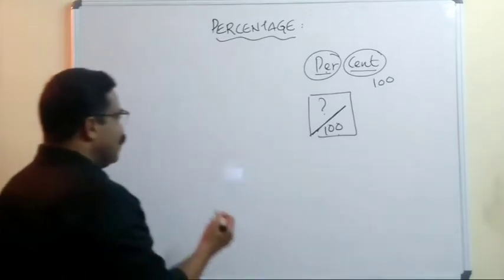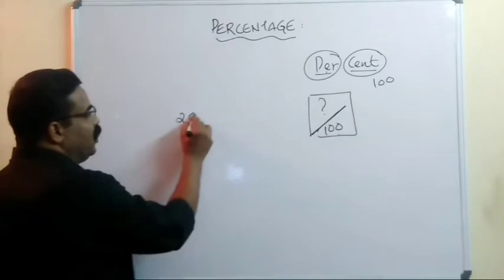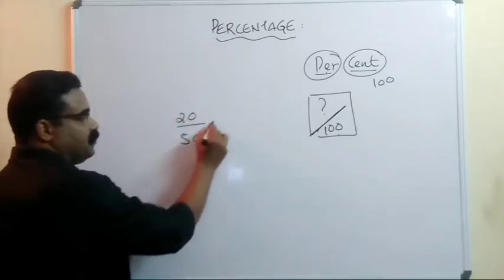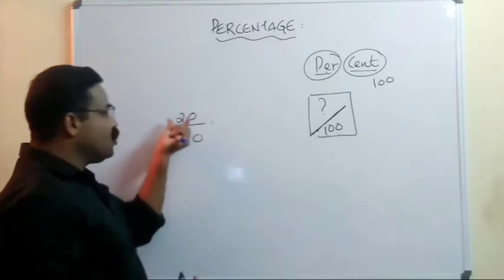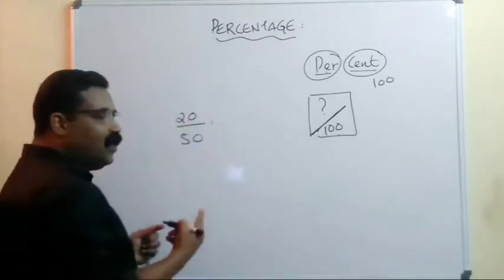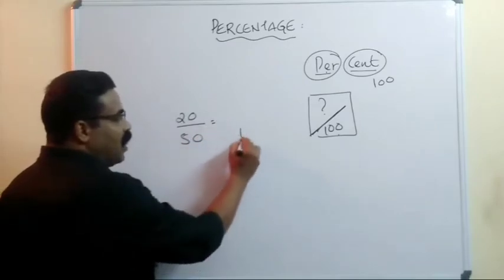For example, in an exam, a student scored 20 marks out of 50. What is the percentage? We want to convert it to its equivalent out of 100.